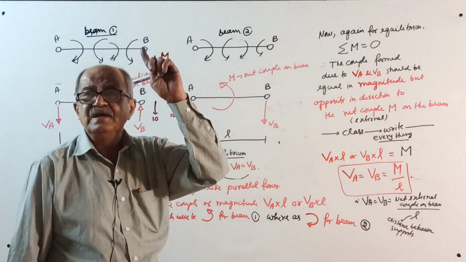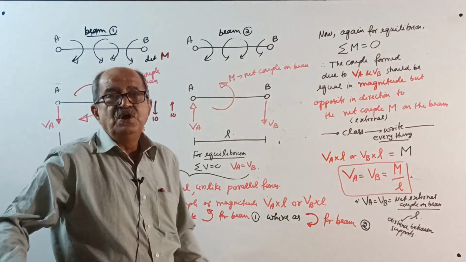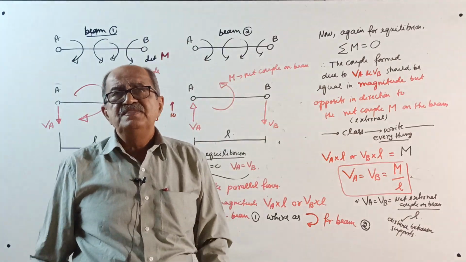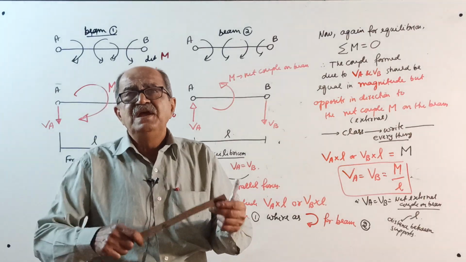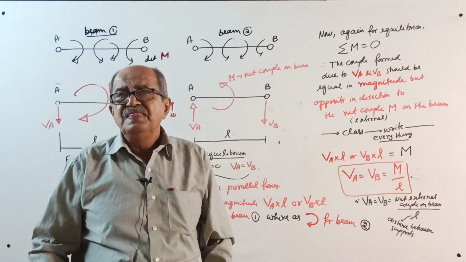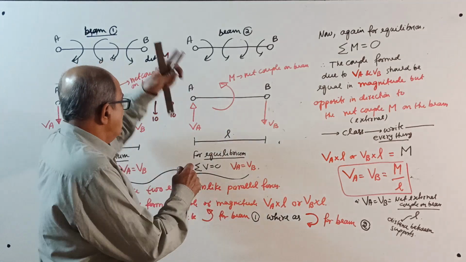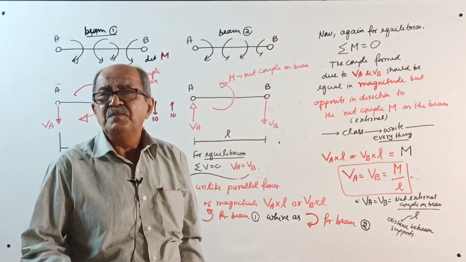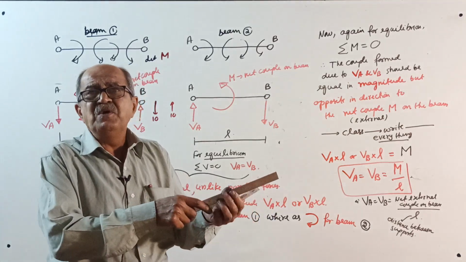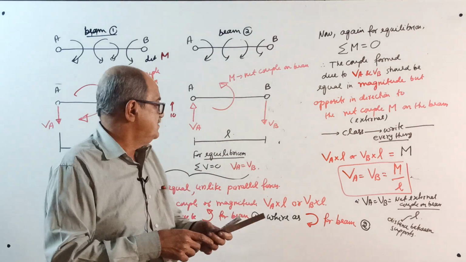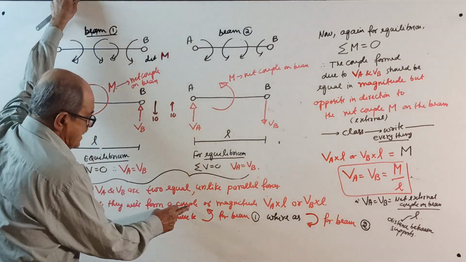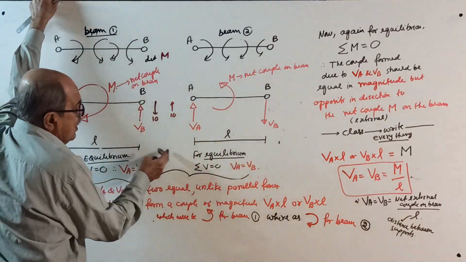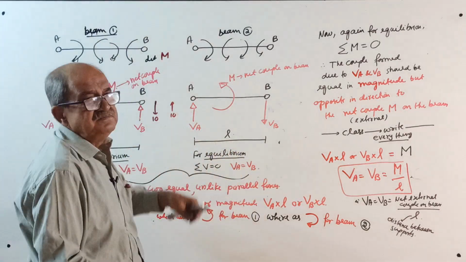Now go back to engineering mechanics. Two equal unlike parallel forces have no resultant force, they will form a couple. The moment of that couple is the product of any one of the forces and the perpendicular distance between the two forces. So they will form a couple of magnitude either VA into L or VB into L.